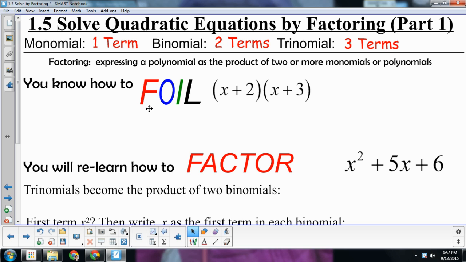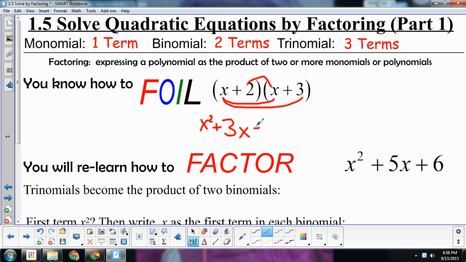So going back a little bit, you already know how to FOIL. We practiced this in a previous lesson where I had two binomial factors written next to each other. That means multiplication. To multiply these two together, we use the acronym FOIL. I take the first terms, multiply them together, and I get x squared. Outer terms together, x times 3 is 3x. Inner terms is next, so that's 2 times x, and I get 2x.